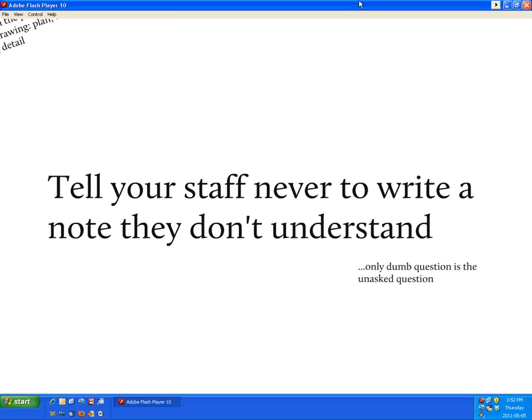But one thing that I've always told my boys is never use a word that you don't know what it means. And this is the same thing: don't write a note that you don't fully understand. Ask somebody, because they might even have to change the detail a little bit if you understand what you're really noting.